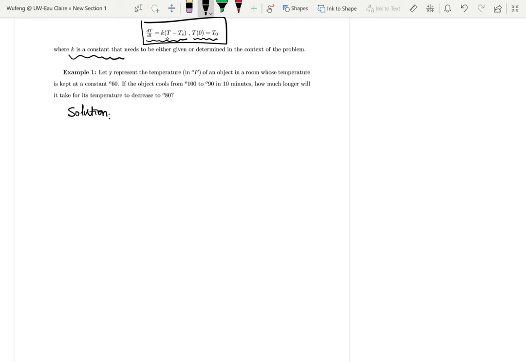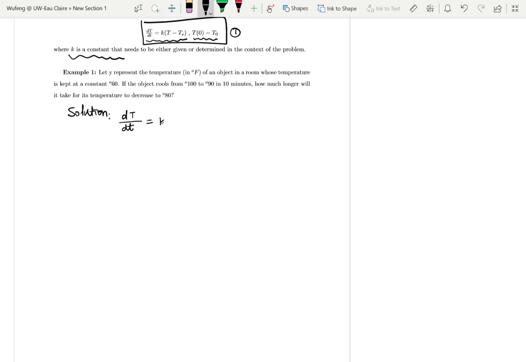So based on Newton's law of cooling, based on the above modeling, the differential model, we can easily set up the temperature model: dT over dt equals k times (T minus Ts), where Ts is the surrounding temperature.